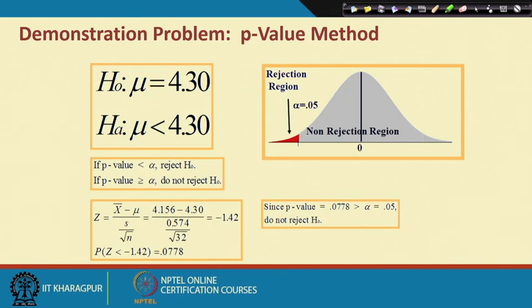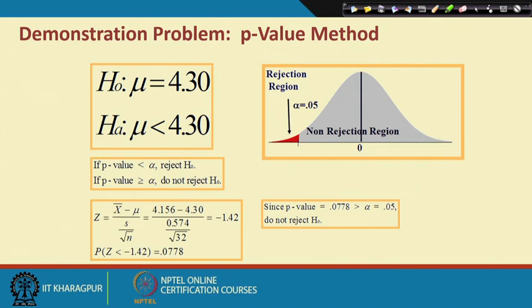In the first process, on the basis of population information and sample statistics, you find the test statistic value, then the test statistic value is compared with the critical value, and if the test statistic value is lesser than the lower bound or greater than the upper bound, then you are rejecting the true null hypothesis.